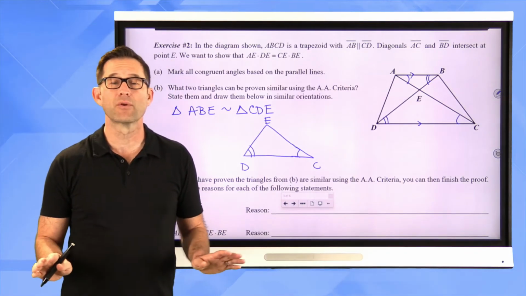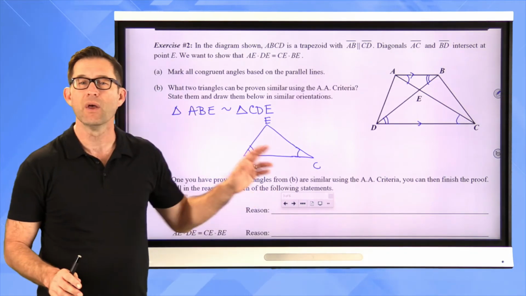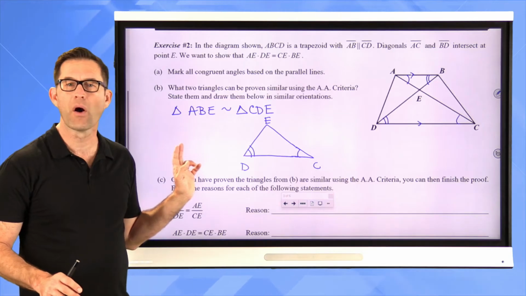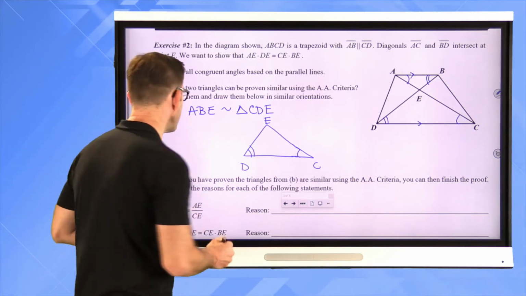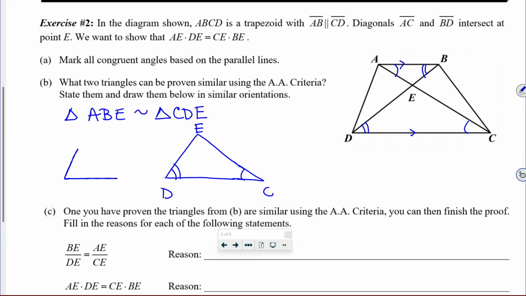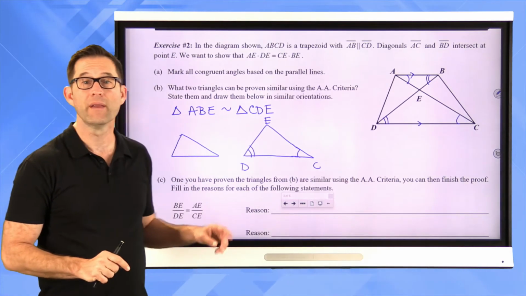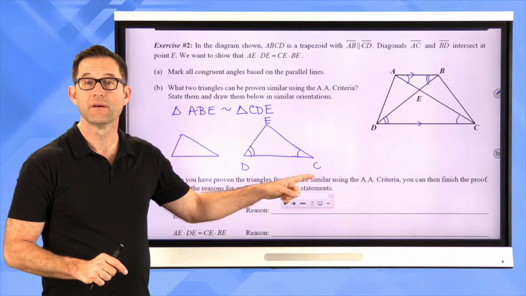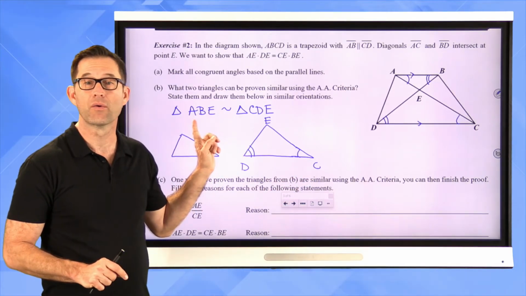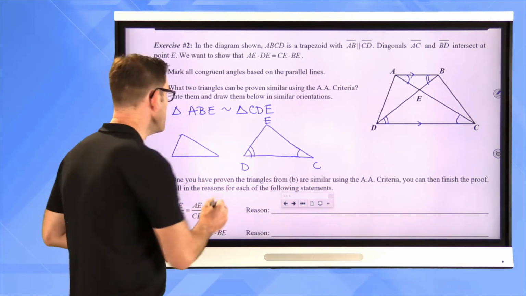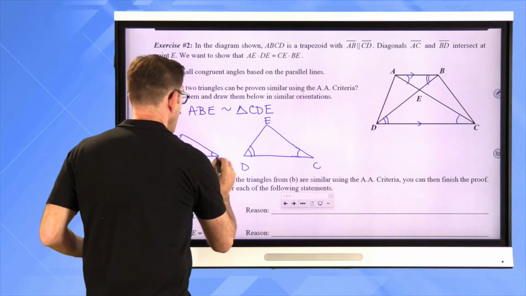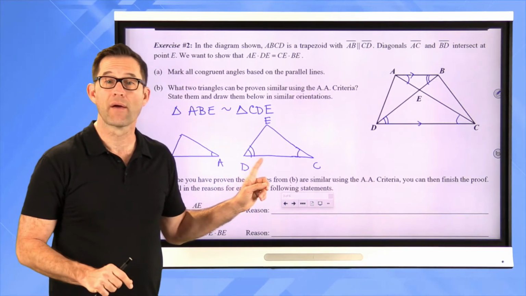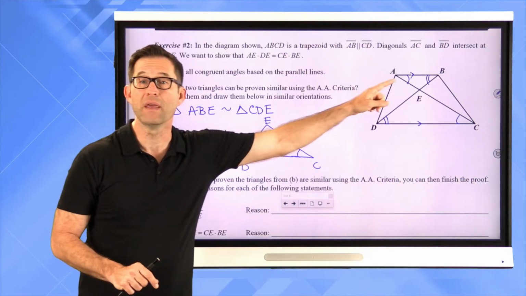Now remember, two similar triangles always have the same shape. So I'm going to try to draw a smaller version of this right over here. Now keep in mind, wherever C is, that's where A has to go. So A is actually going to be sitting right down here. Likewise, wherever D is, that's where B has to go.